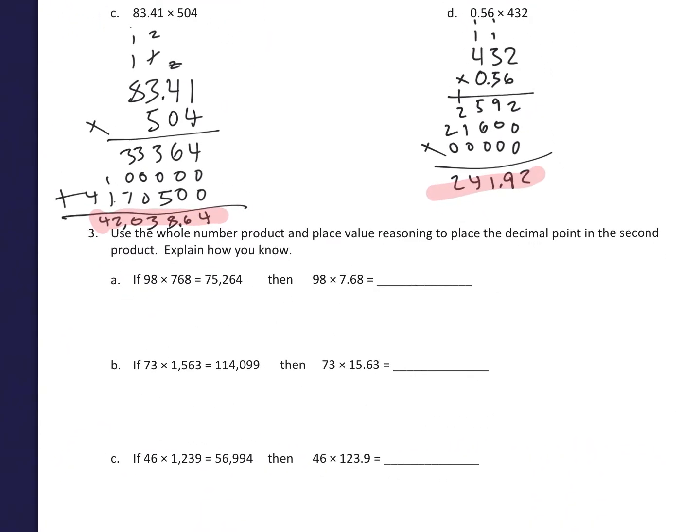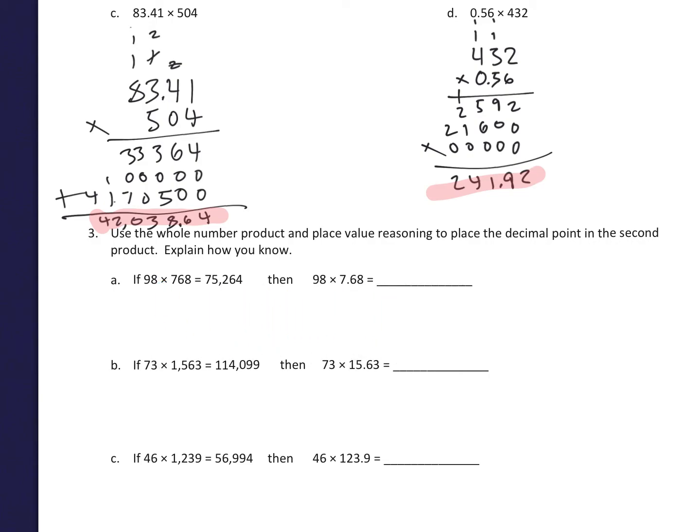Use the whole number product and place value reasoning to place the decimal point in the second product. Explain how you know. So what I see here is if 98 times 768 equals 75,264, then 98 times 7 and 68 hundredths equals what?